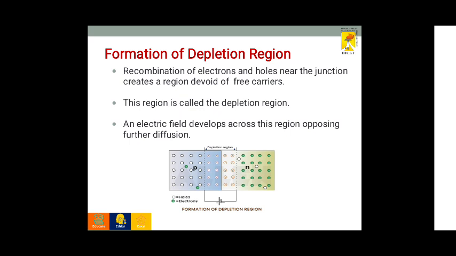This region is called a depletion region. An electric field will develop across this junction, opposing further diffusion. This diffusion current occurs only without applying an electric source.